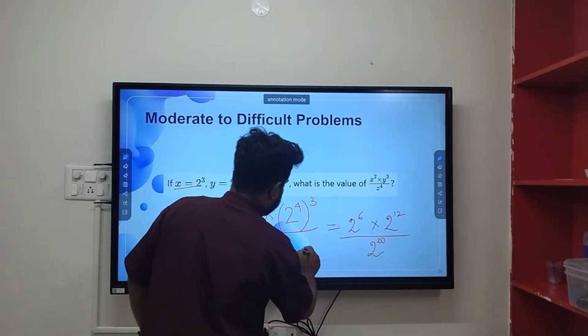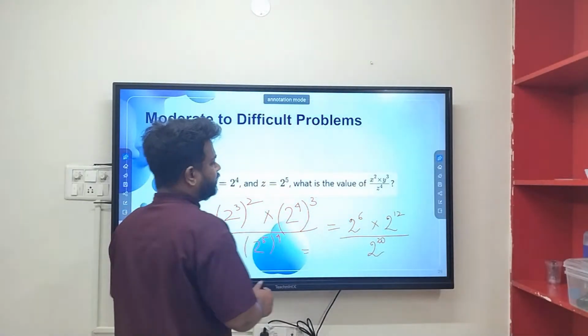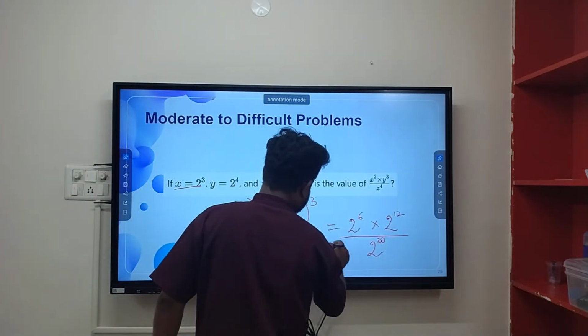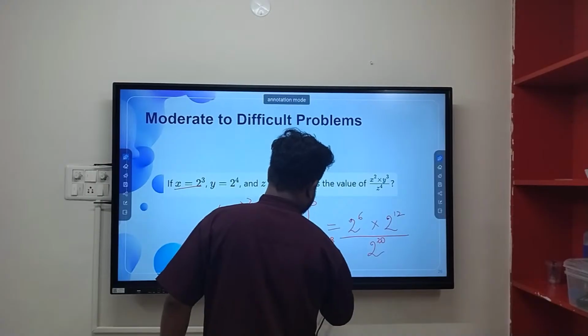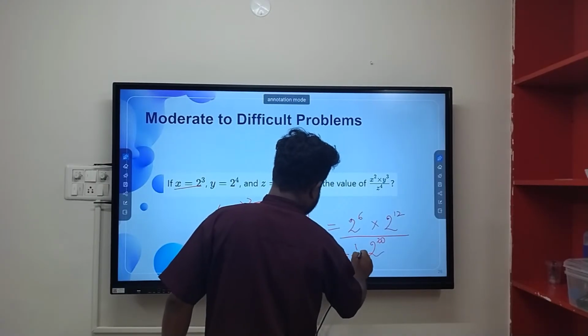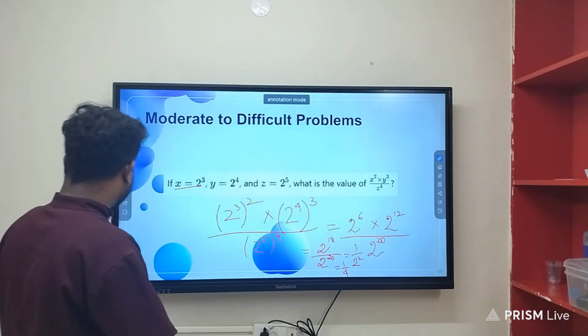And we know these powers will get added, so it will give us 2 to the power 18, and in the down position it will give us 2 to the power 20, and the answer will be 2 to the power minus 2. That means 1 by 4 will be the answer.